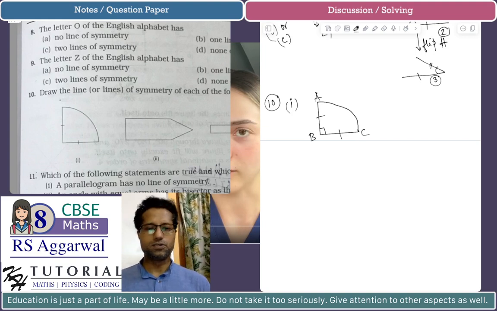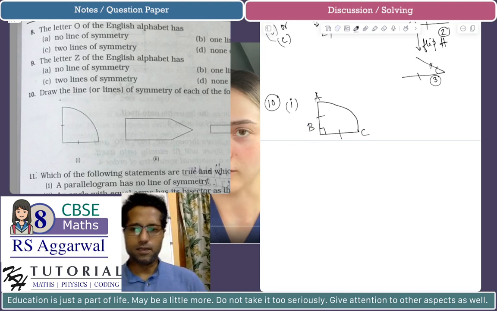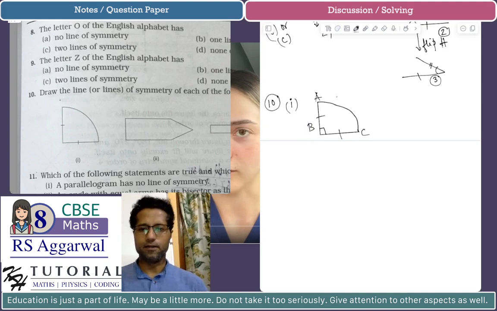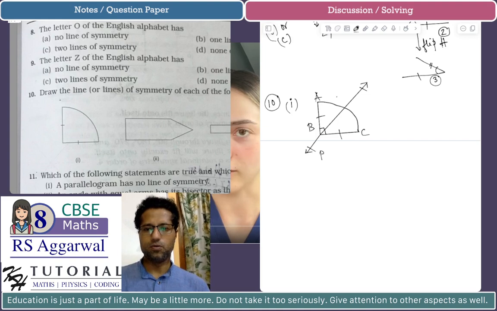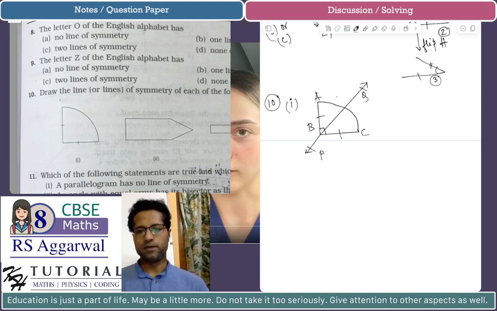Definitely, the line of symmetry will be the bisector of the angle B, the line which will bisect the right angle B. Let's say this line PQ, which is passing through the right angle vertex B, is bisecting the angle B. That is, this angle is equal to this angle.